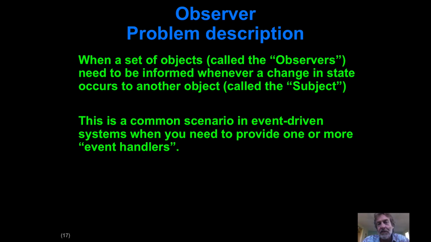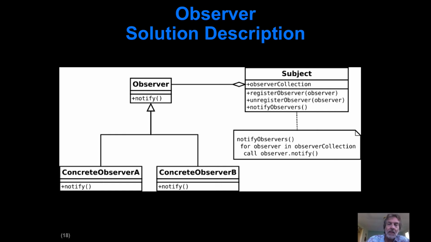If you've ever heard of an event handler, or used an event handler, then you've used the observer design pattern, whether you knew it or not. So the typical way this happens is the subject object can maintain a collection of observers and provide a method so that some observer, if they want to know about changes to the state of the subject object, they can register themselves.